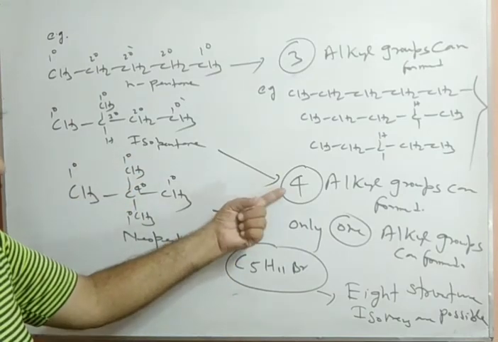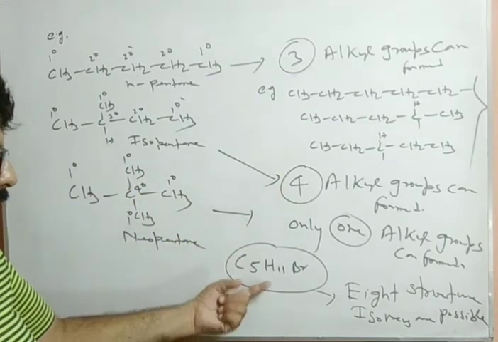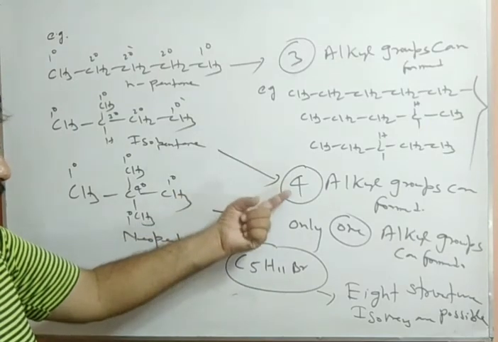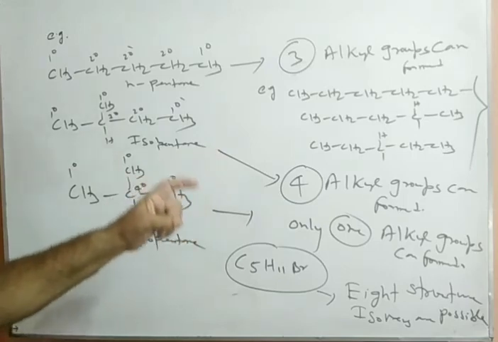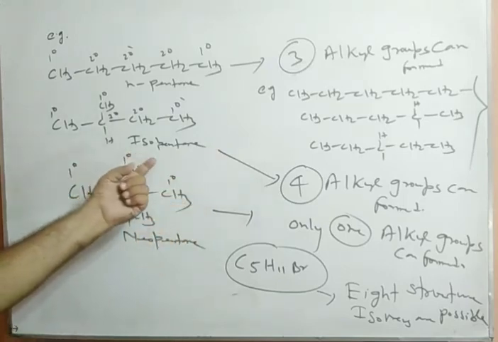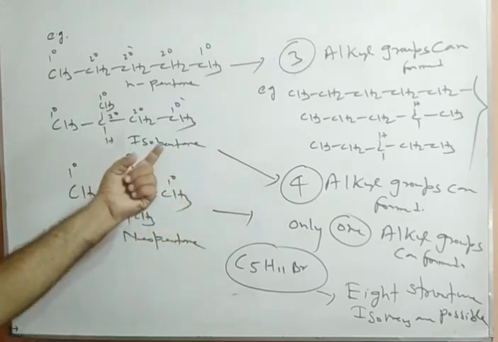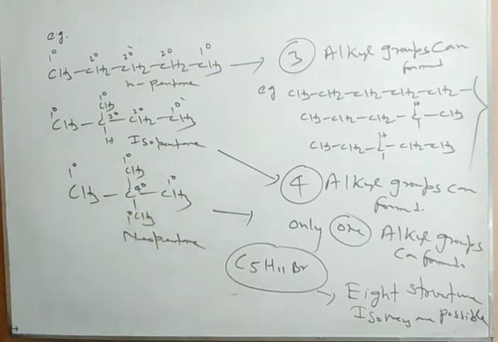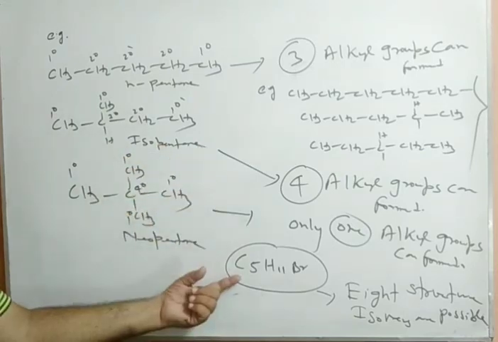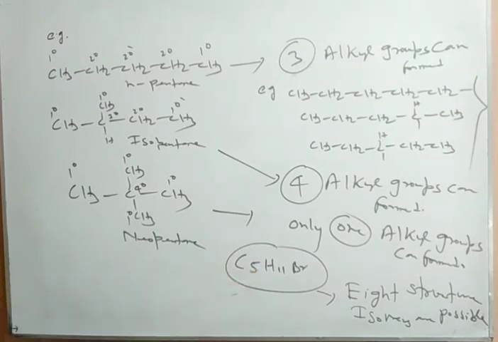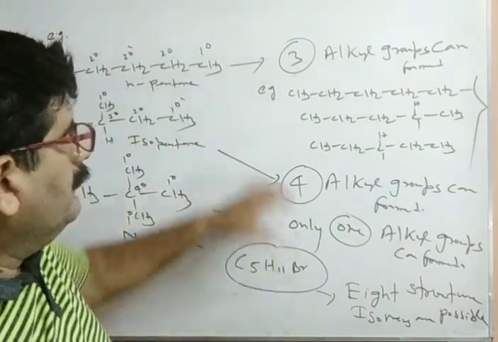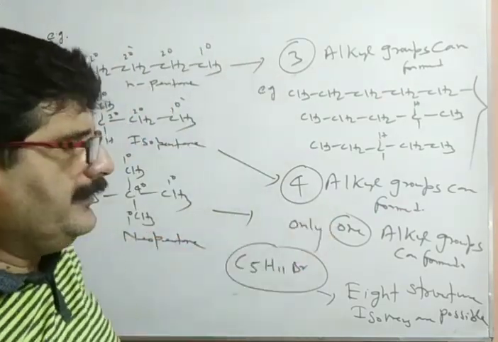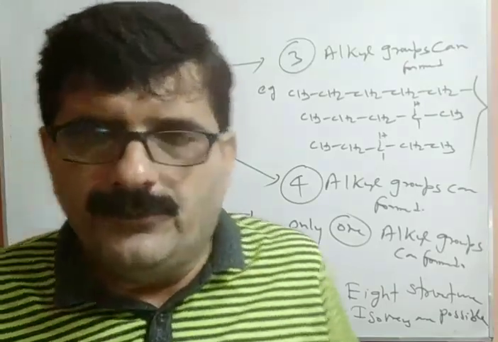So 4 alkyl groups means 4 different patterns of alkyl halide can form if an isopentane pattern of compound is given. Similarly, if C5H11 is arranged in neopentane pattern, then only 1 alkyl group can be obtained. So if we add, we obtain a total of what? 8 structural isomers are possible.